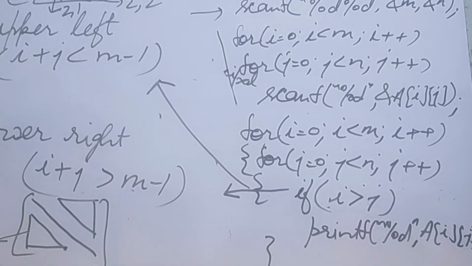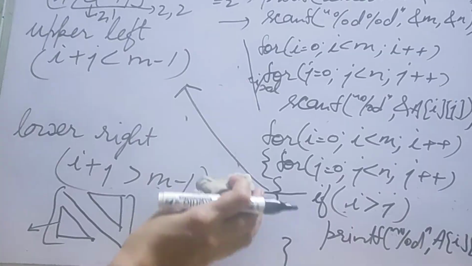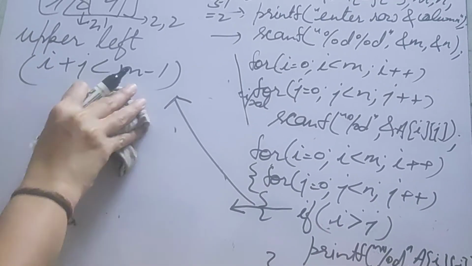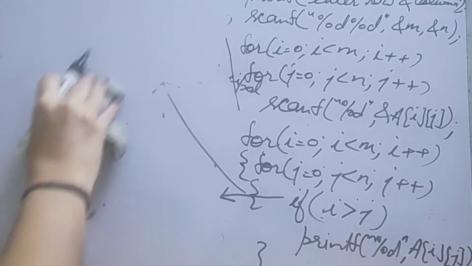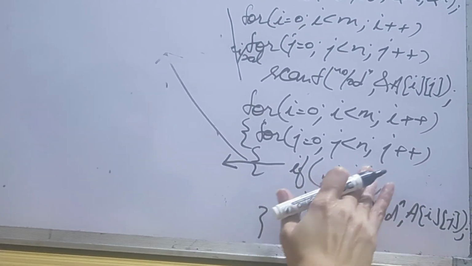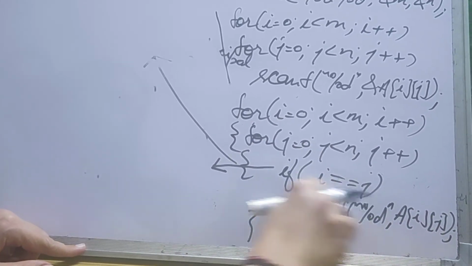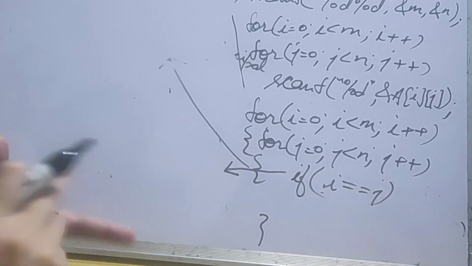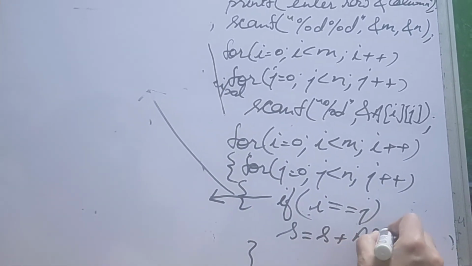And if we want to sum the elements, the diagonal elements sum, then what we will write? Just what is the change? i equals to j. Condition we know, and what we will do? S equals to S plus A of ij.